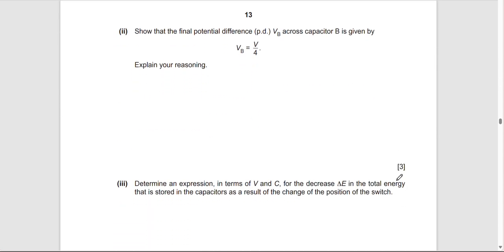Show that the final potential difference VB across capacitor B is given by VB equals V over 4. Okay, so the first reasoning is the principle of conservation of charge, the fact that charge cannot be created, neither can it be lost.